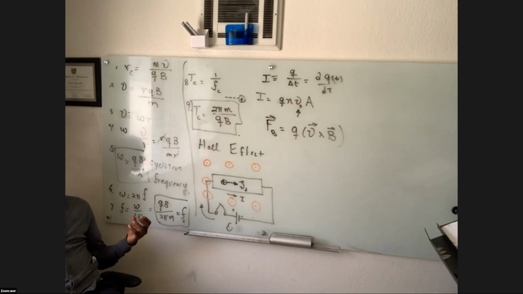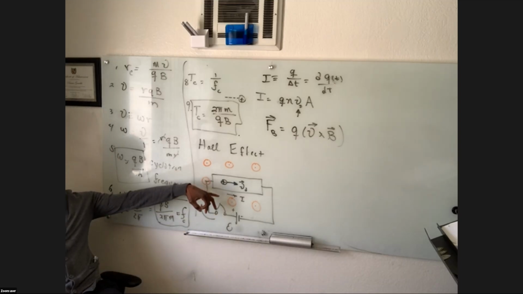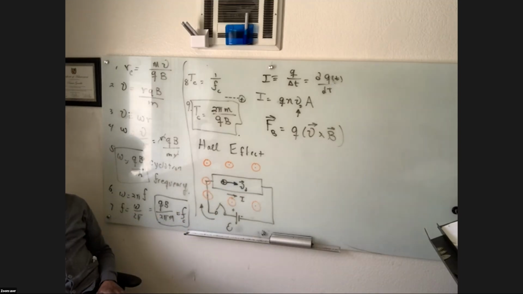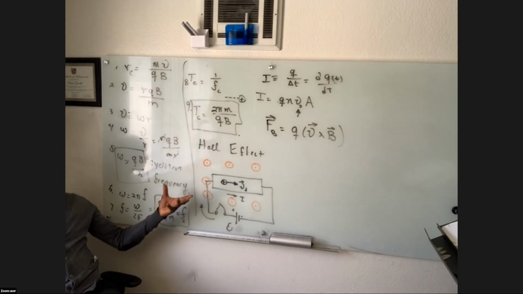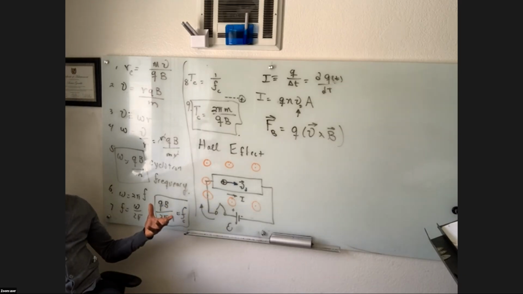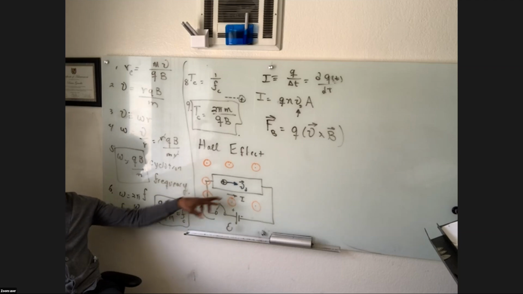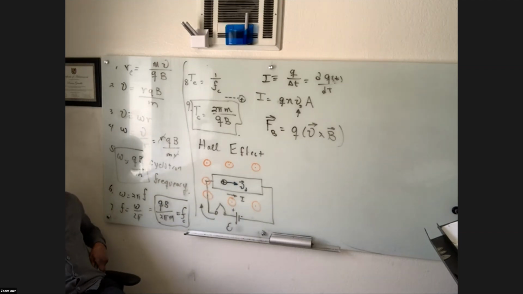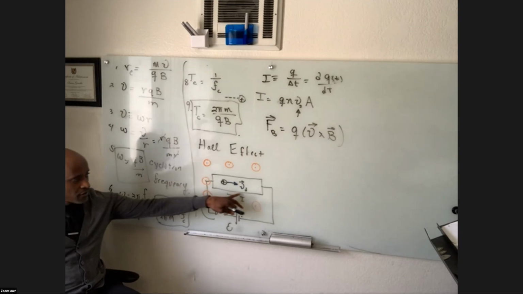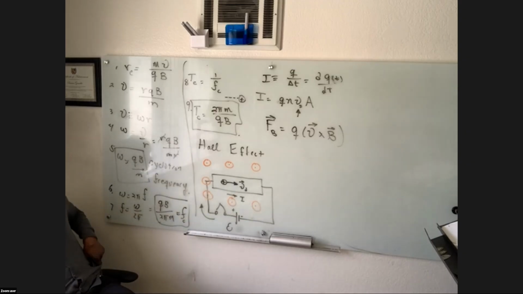So there's a whole lot of charged particles in most metals. And so it's not just one charge that's going to be forced down, it's quite a few. But they're in a piece of metal, so they can only go so far. How far do they go? Well, they go all the way down and they start to collect on the bottom of the piece of metal, right?